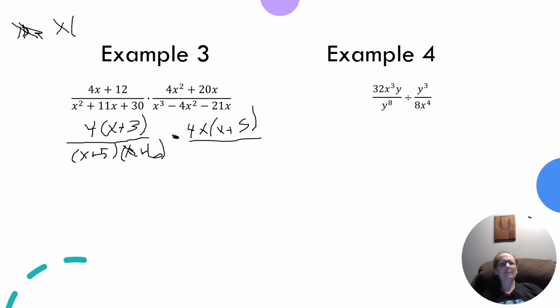X times x squared minus 4x minus 21. And then I would want to factor that. So I have the x on the outside of my factors, and I need things that multiply to 21 that subtract to 4, and the bigger one's going to be negative. So that would be 7 and 3. So the 7 is going to be negative, and the 3 is going to be positive.